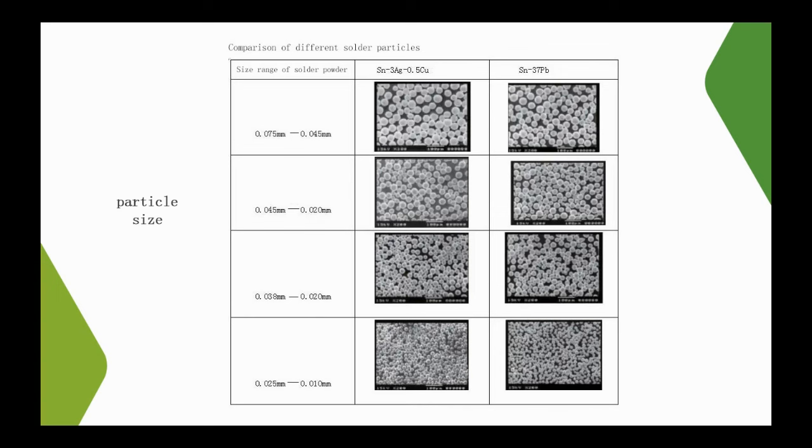If there is a large distance, the solder paste with a smaller mesh number can be chosen. On the contrary, when the distance between the solder joints is small, the solder paste with a larger mesh number should be chosen. Generally, the particle diameter is about 1/5 of the opening of the SMT stencil.